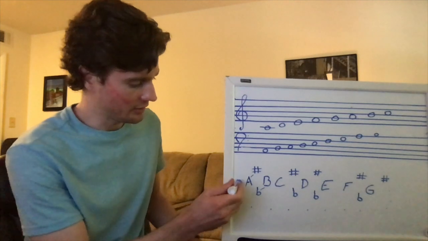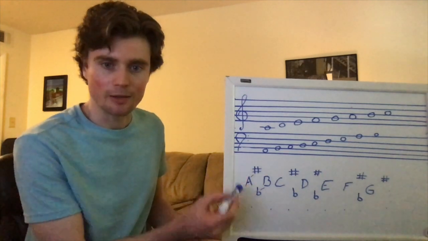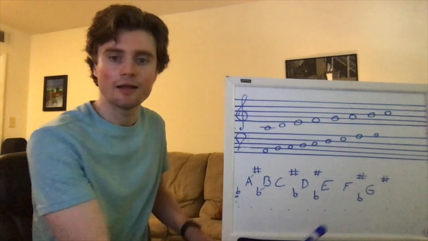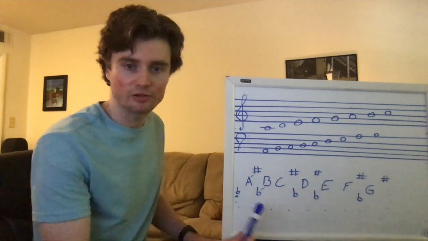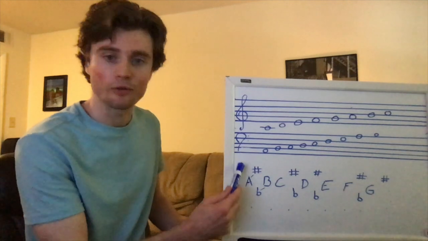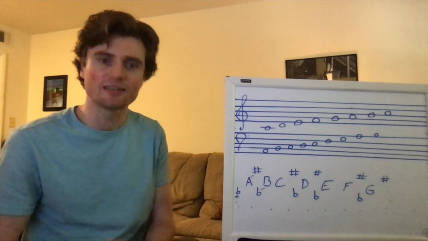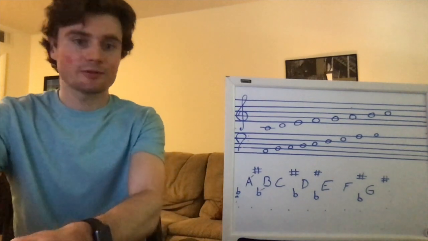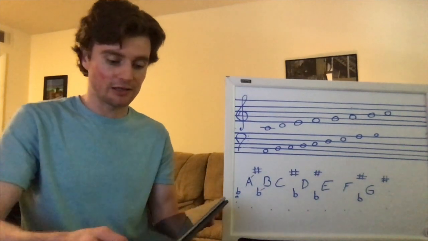That's why you'll see here at the beginning, I don't list a sharp up here, but there is a flat, and I do list a sharp here, but there's no flat. That's because G sharp is equivalent to A flat, and I felt that writing sharp over there would be a bit confusing.